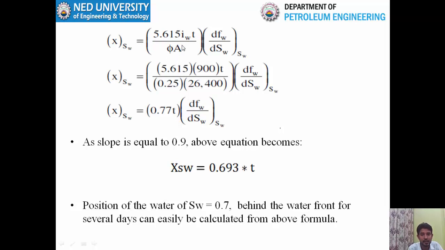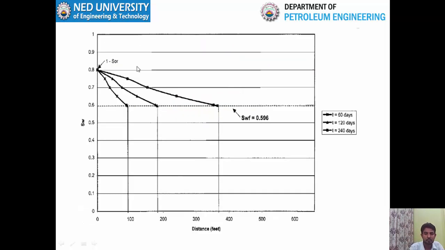So we know the injection rate, we know the time, and we know the slope now. So the equation becomes this, and since we know the slope, the equation further reduces to this. At different times, first we place 60 days, we will have the position of water, and for 120 days we will have a different position of water, and for 240 days the position will be different.